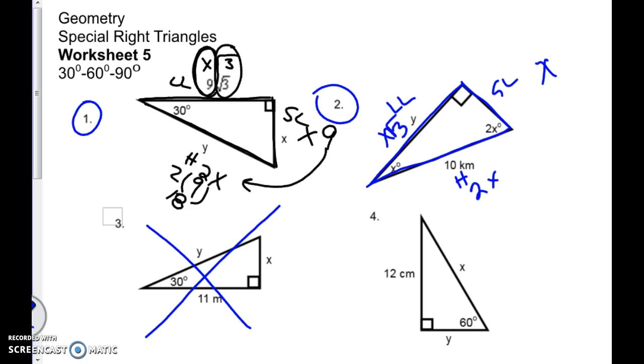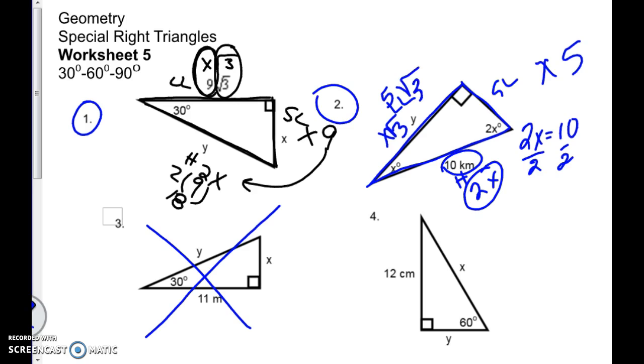X radical 3. Okay, I know that my 2x is 10. So if 2x is 10, how much is 1x? 5. And my long leg would be what? 5 radical 3, right? Because x is 5. Are we okay? Good. Try number 4.